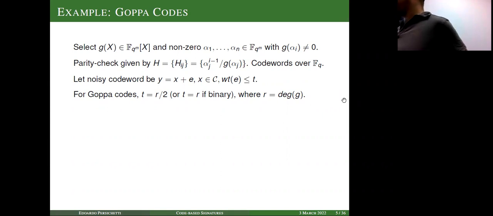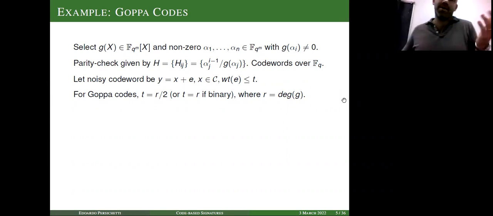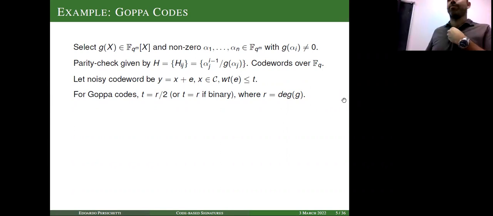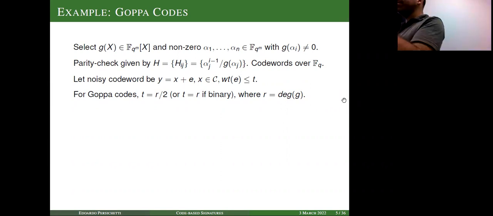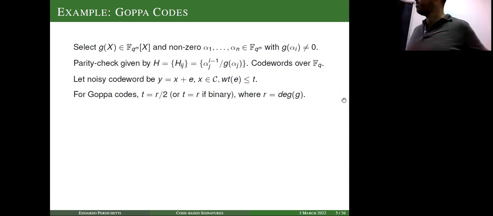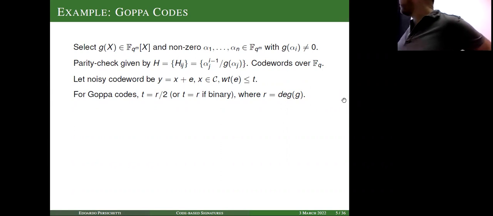So how do we model errors? Traditionally in coding theory, errors are modeled as an additive vector, because if q is equal to 2, then we're just flipping bits. Otherwise, we're just adding noise in certain positions. Remember, Hamming weight counts non-zero positions. So if an error occurs, we modify some of the positions. It's an additive vector with Hamming weight bounded by a certain value t.